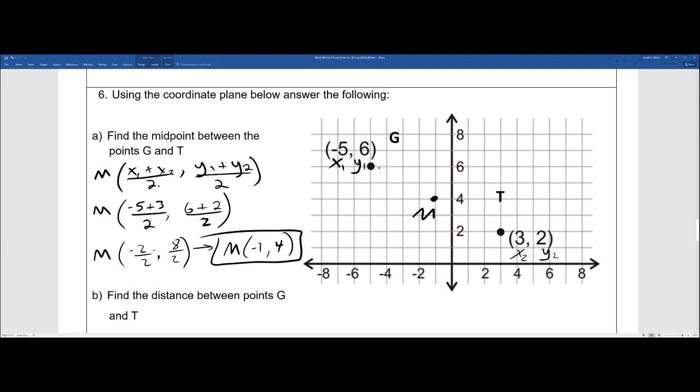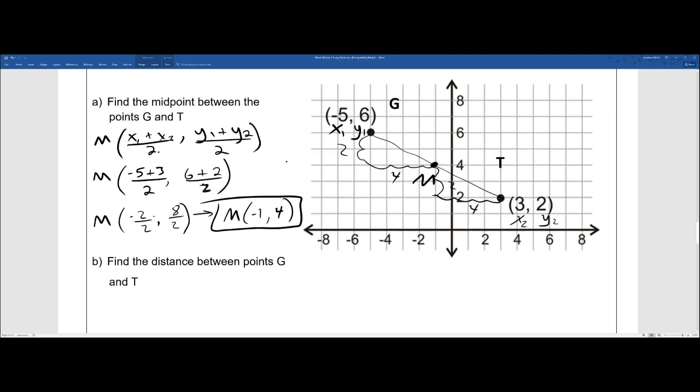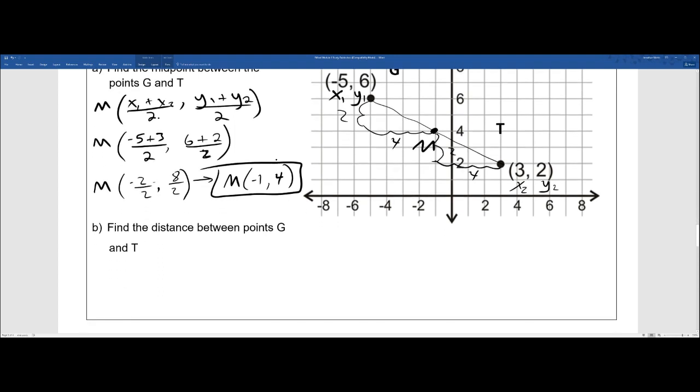You can even just see it visually if you're just trying to stare at it. You can see how this guy goes down 2, this guy goes 1, 2, 3, 4, and this guy goes down 2, and then he still goes over 1, 2, 3, 4. So that's kind of preluding to the Pythagorean theorem if you're just using the Cartesian plane, which is all those little boxes.